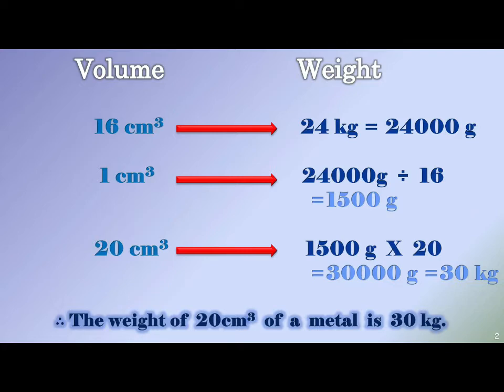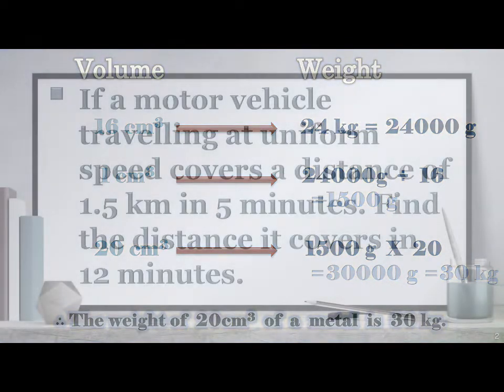After that, you can find the weight of 20 cubic centimeters when multiplying the weight of 1 cubic centimeter by 20. It is 30,000 grams. At last, we can write it as 30 kilograms. Therefore, the weight of 20 cubic centimeters of a metal is 30 kilograms.